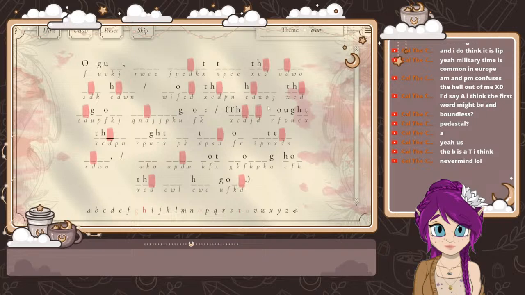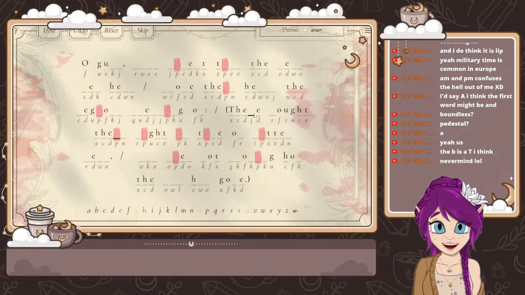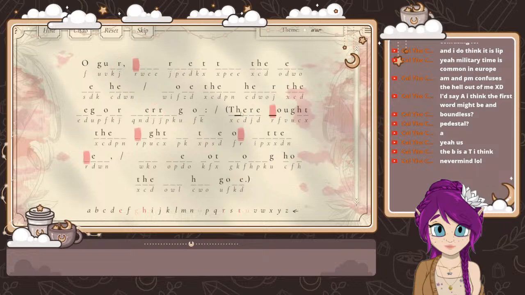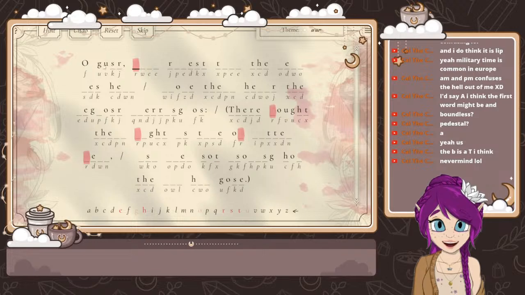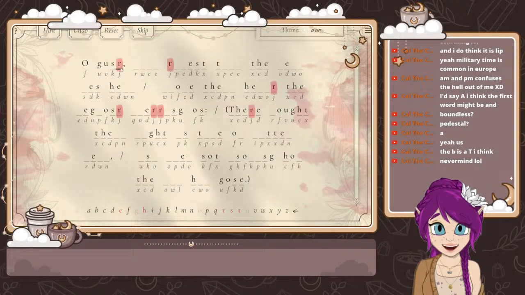Something HT? There. The goes. This is goes. Oh, that is not a word. That is also not a word.